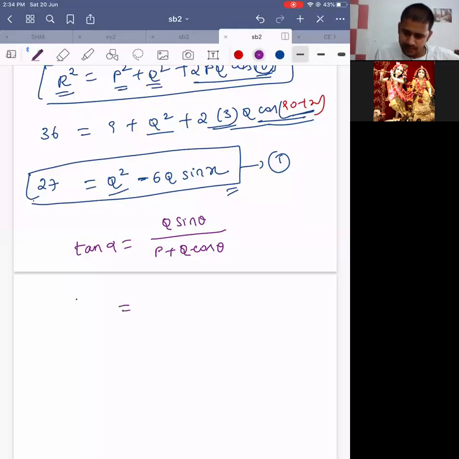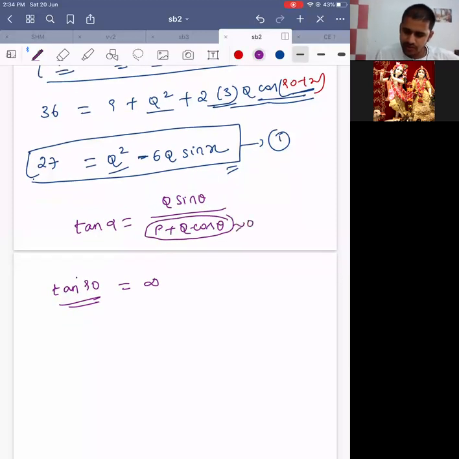So tan alpha value is 90, alpha value is 90 degrees, then the value of tan alpha is equal to infinity. If it is infinity, what should be the case here? The denominator should be a very small value. If it is equal to 0, then only infinity is possible, or a very small value that we consider as 0.